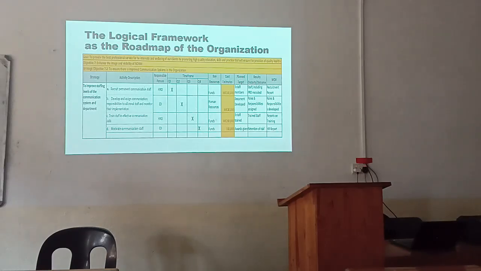Okay? The last one, have you ever heard of MOVs? Means of verification. How do you know that these things have been done? How do you get the information to show that these things have been done? In the first activity, what does it say?